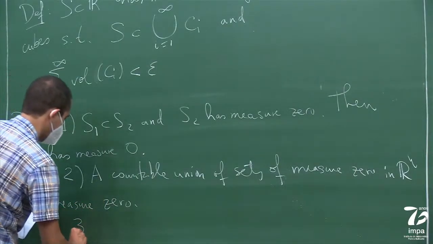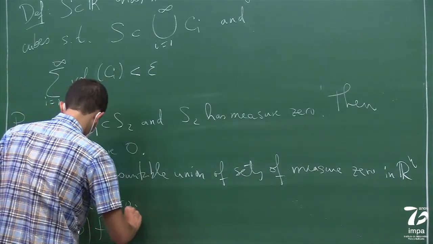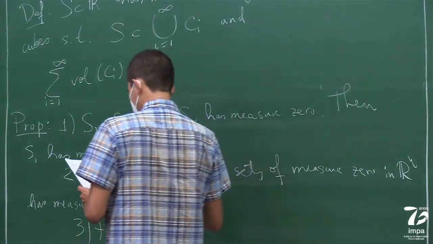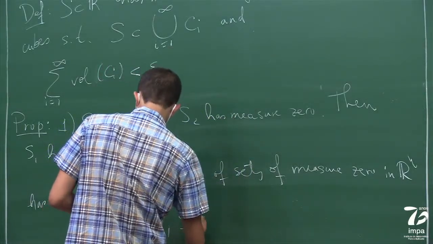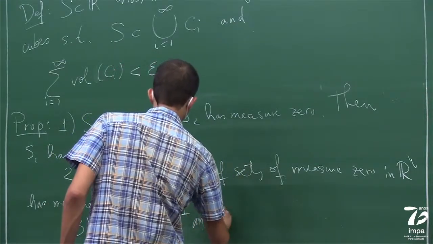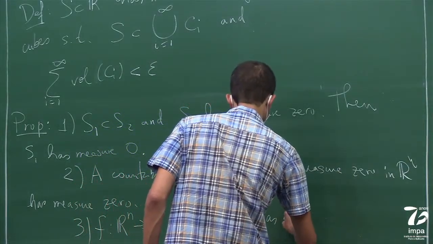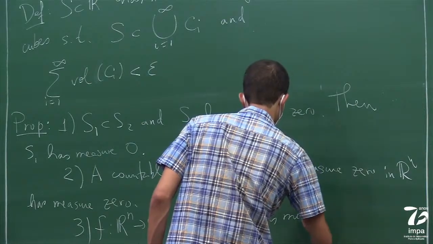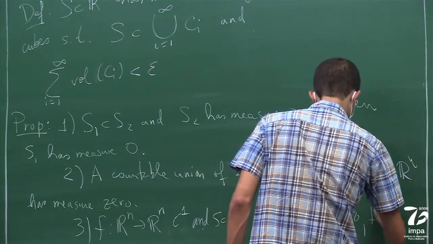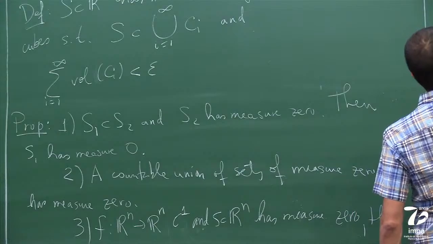And the third property that we're going to use is that if I have a function f from Rn to Rn, it has to be the same n, to start, and it's a C1 function, and S has measure 0, then its image, f of S, also has measure 0.